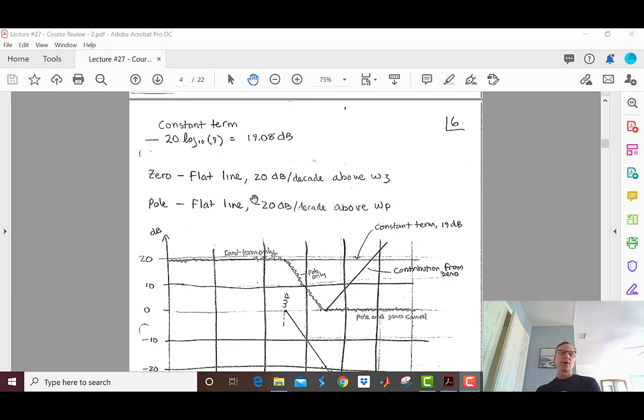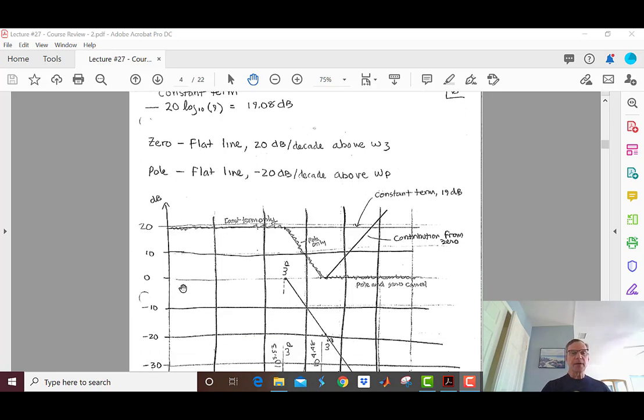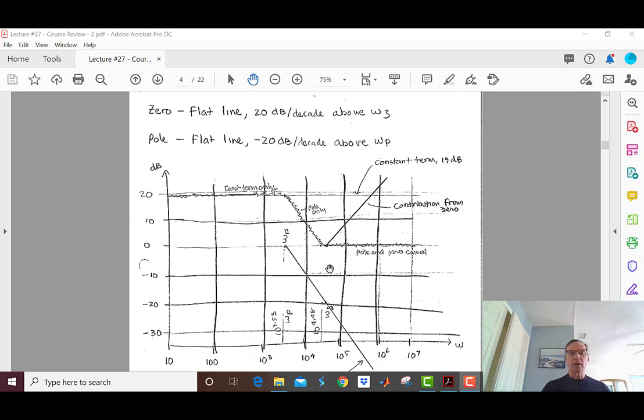Now let's take our zero. We have a flat line. The contribution from the zero is a flat line, and then above the zero frequency, it's going to go up at 20 dB per decade. And so here it is. It's 0 here, and then let's get to our zero frequency.